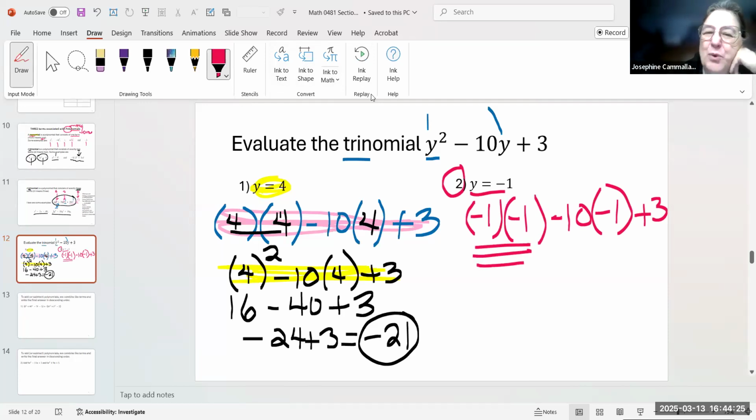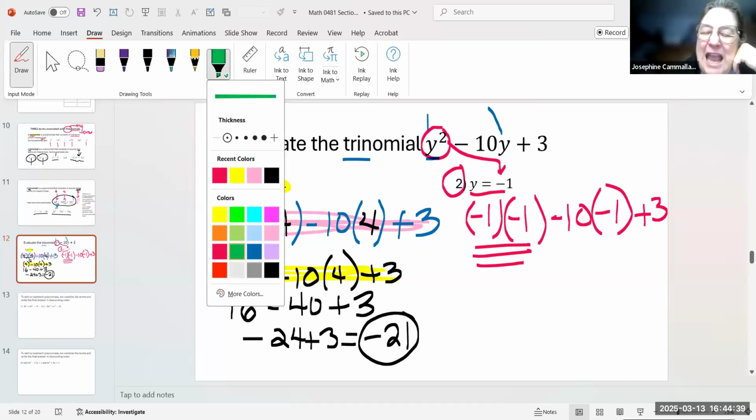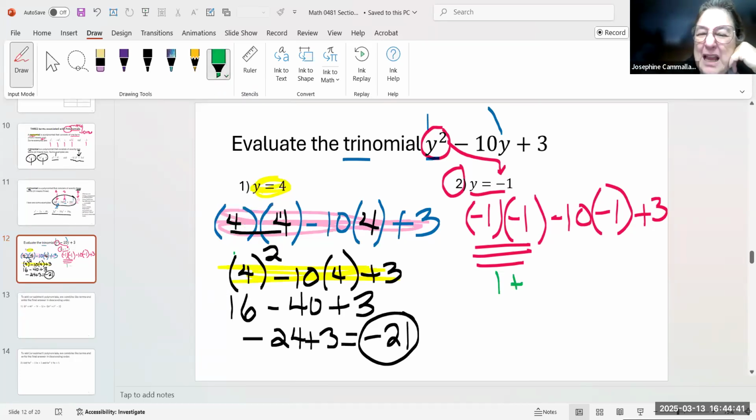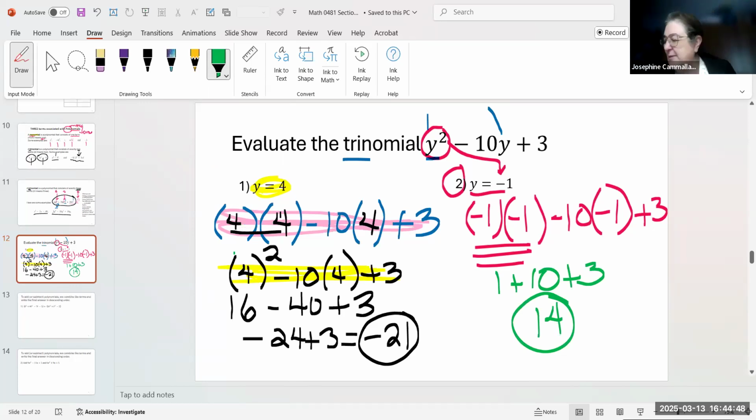I like to write this y, because it's a negative term, as 2 negative 1s. Because remember, we've got to keep the signs. This is going to give me a positive 1 plus 10 plus 3, or 14.